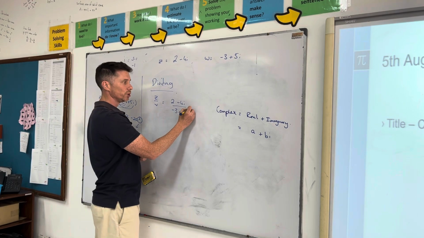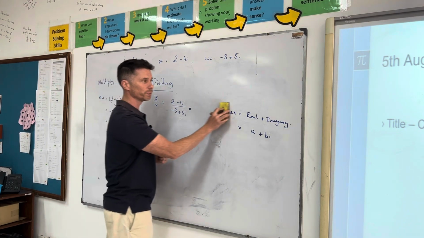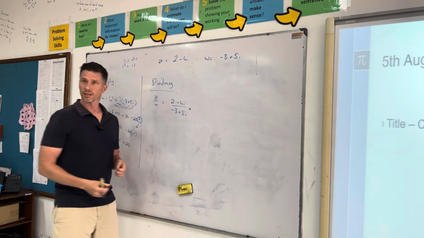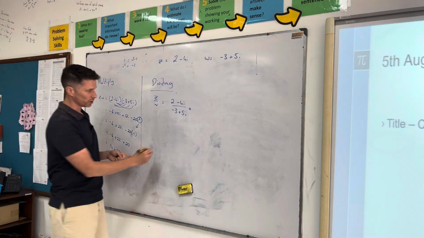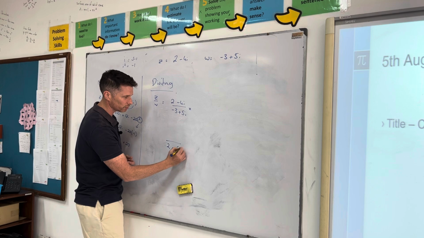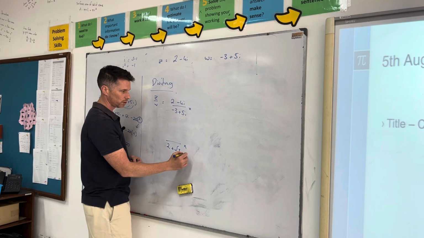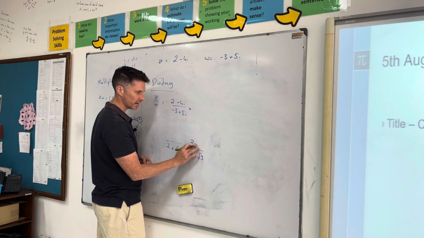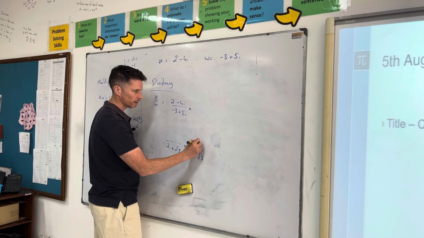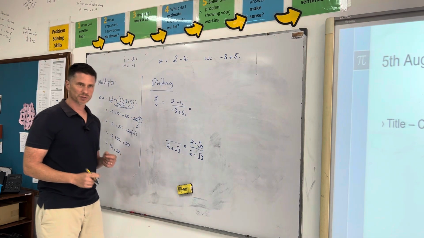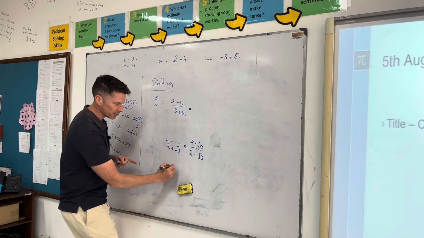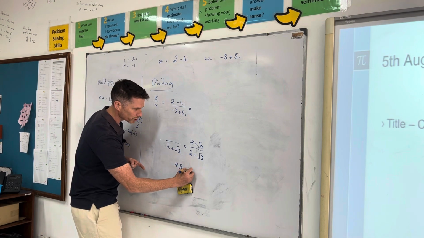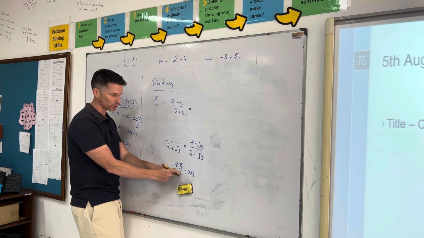So that means I must multiply it by something. What am I going to multiply it by? It's similar to the surd. When we had 2 plus root 3, what did I multiply by? Was it the same? No, it was negative. It was negative to create the fact that the middle two terms would subtract and cancel, so the square roots would go.